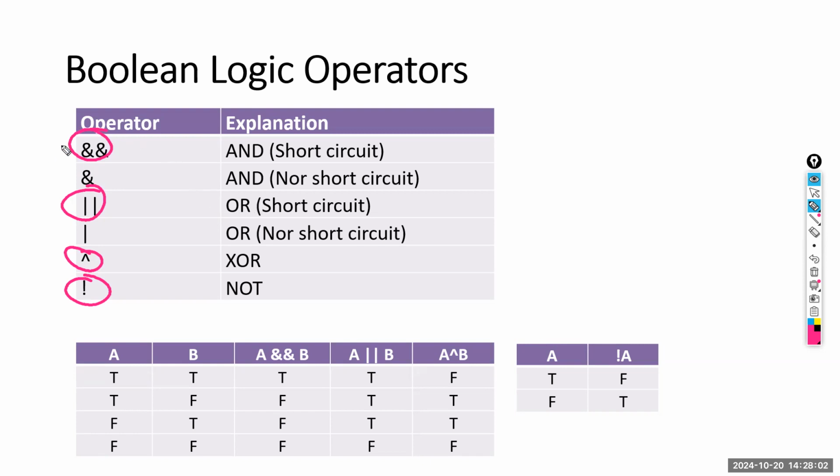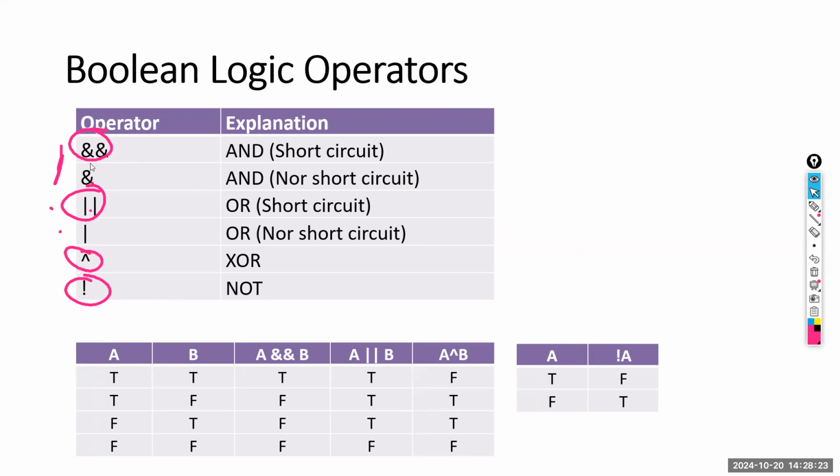There are two versions of AND operators called short circuit and non-short circuit AND. Two versions of OR operators called short circuit OR and non-short circuit OR. But for XOR and NOT, you have only one version, the normal, non-short circuit version.